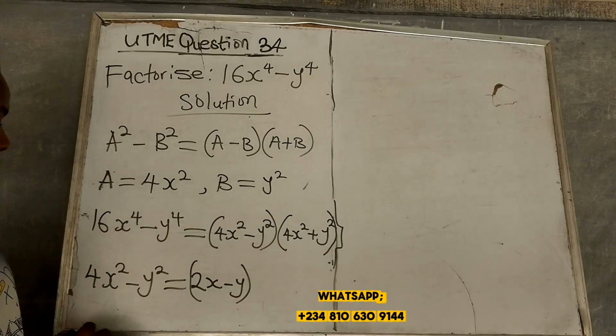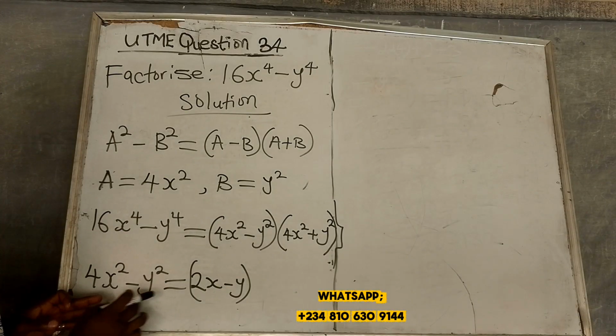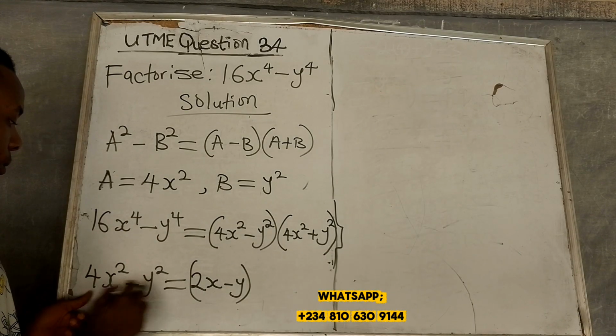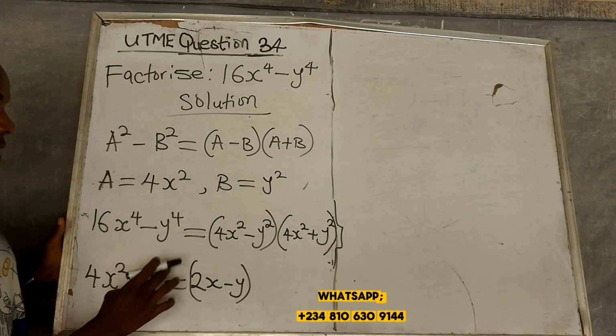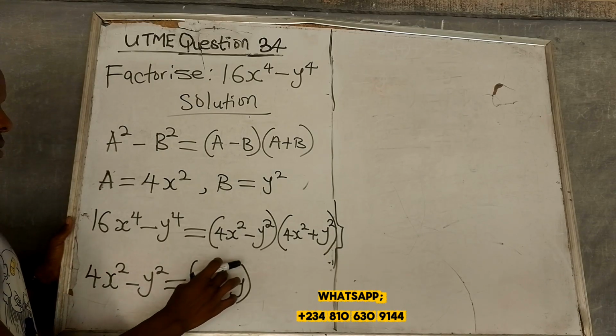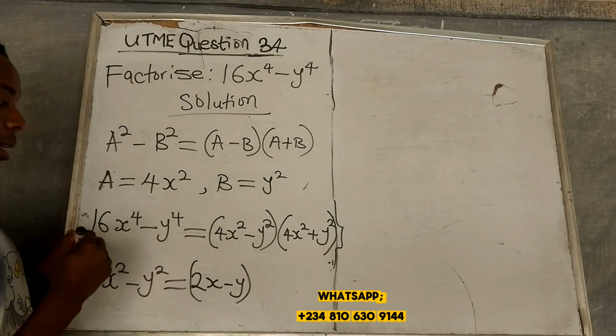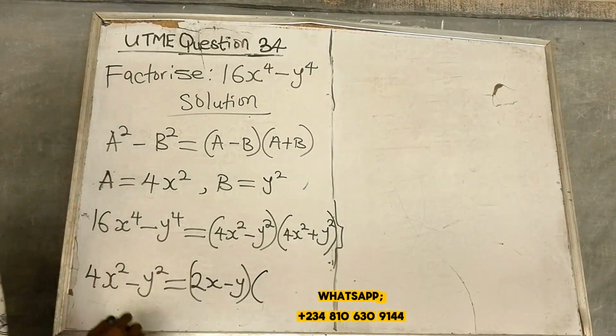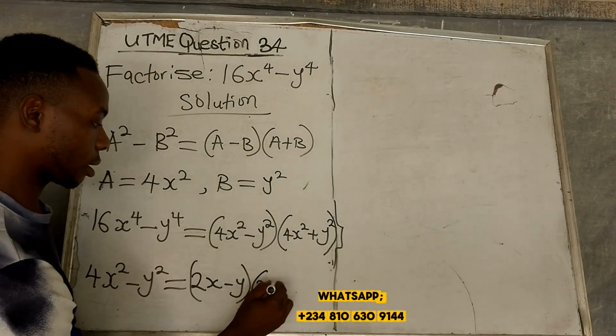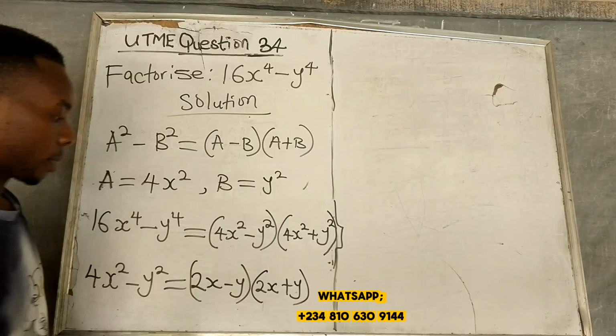Are you following? Just like I did this, that's how I'm doing this too. The square root of 4 is 2. It will be 2x minus y, then first I'll put the a, then before the b, the same thing here. It will still be 2x plus y, right?